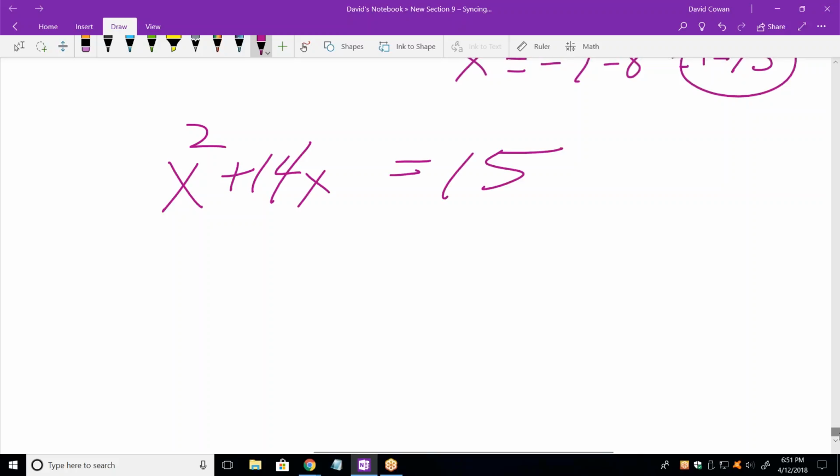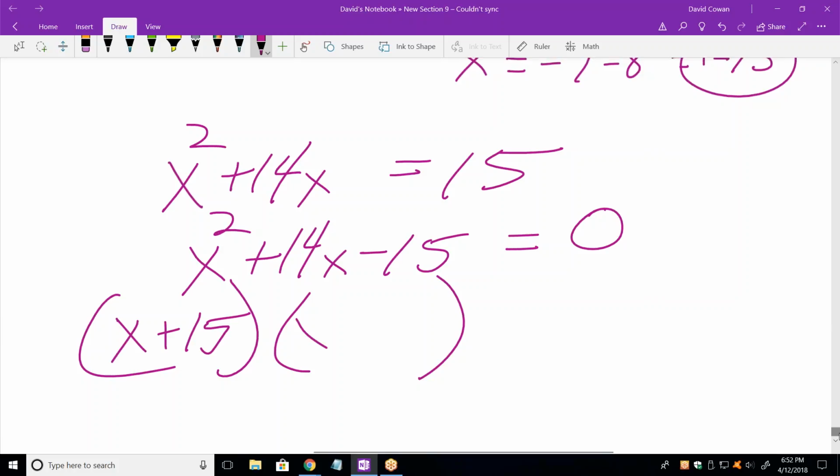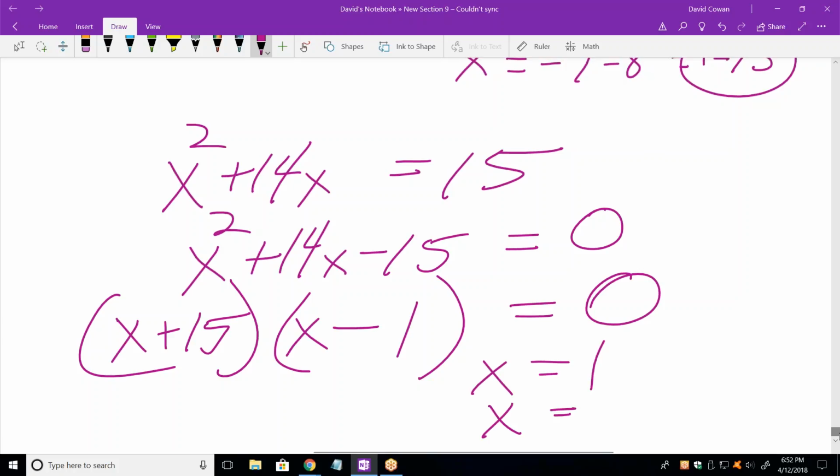Let's just solve it like a regular normal quadratic. Let's put everything on one side. That turns that to a minus, 0 on the other. And now notice that that factors perfectly into x plus 15 and x minus 1, which gives you two solutions. x equals 1, x equals minus 15.